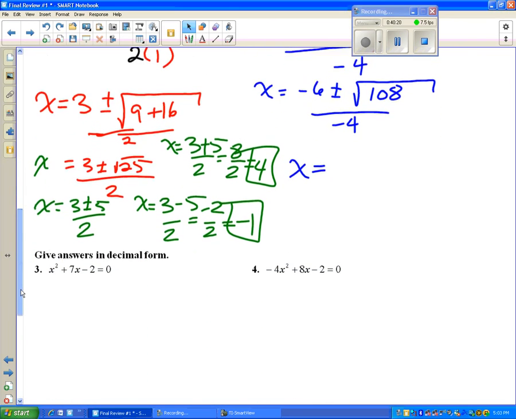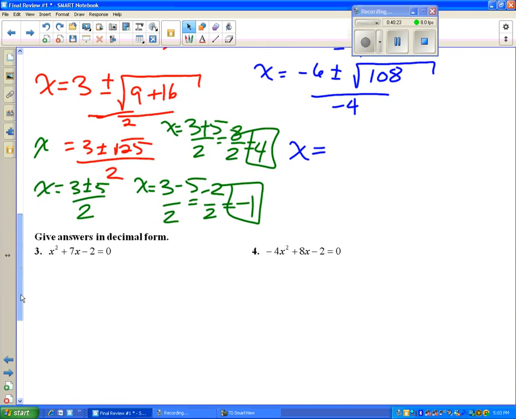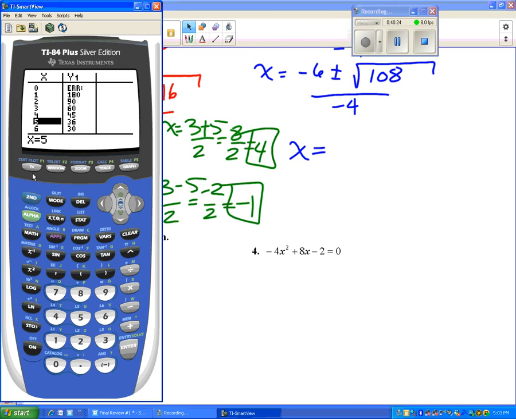Well, there is no nice square root of 108, so I'm going to leave it in radical form. So I have to decide what perfect square will divide into 108. So again, instead of 180 here, I need 108. I'm going to go to my table. What perfect squares do I have? Well, I have 4. I'm going to have 9. But right here I have 36. That's the largest perfect square I'm going to get.